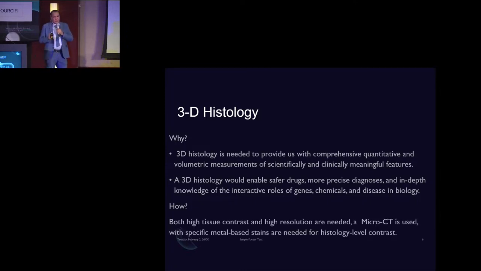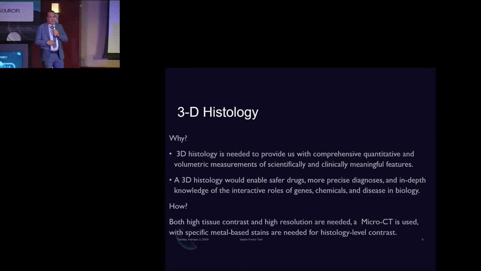So in order to have 3D histology, you need both tissue contrast and high resolution. And these two things you can do only using a micro CT. We're all familiar with CT imaging, but here you need a micro CT able to find structures 100 times smaller than the conventional CT.